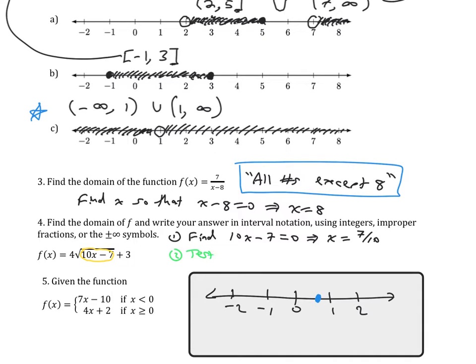So I'm going to test f of 0, see if I get an error message, and I'm going to test f of 1. I'm picking those two values just because they're on either side of this value. I know this is the critical value, and so on one side I expect I'm going to get error messages. On the other side I'm not. So let's give it a try. f of 0 is going to say 4 times the square root, and then putting 0 in for x is going to make this yellow stuff here be 10 times 0 minus 7, which is -7.